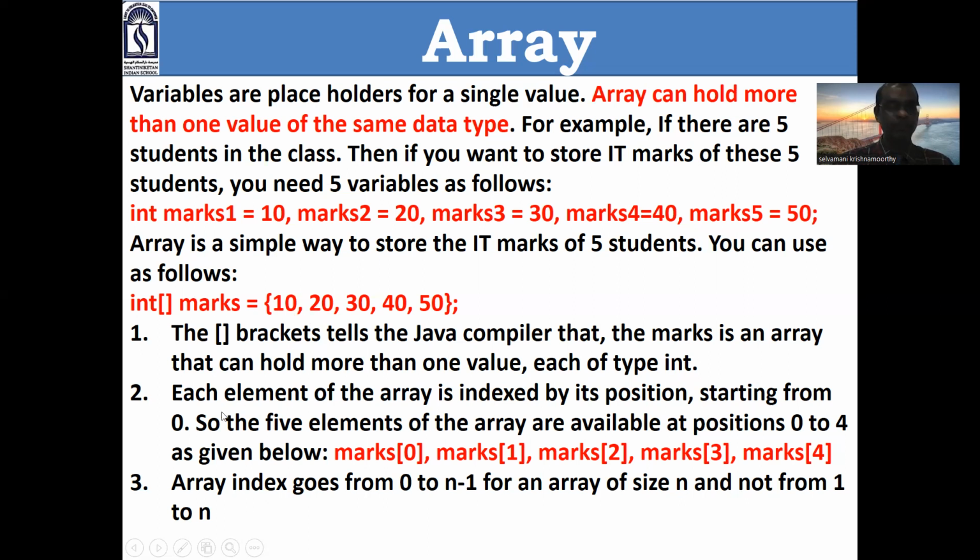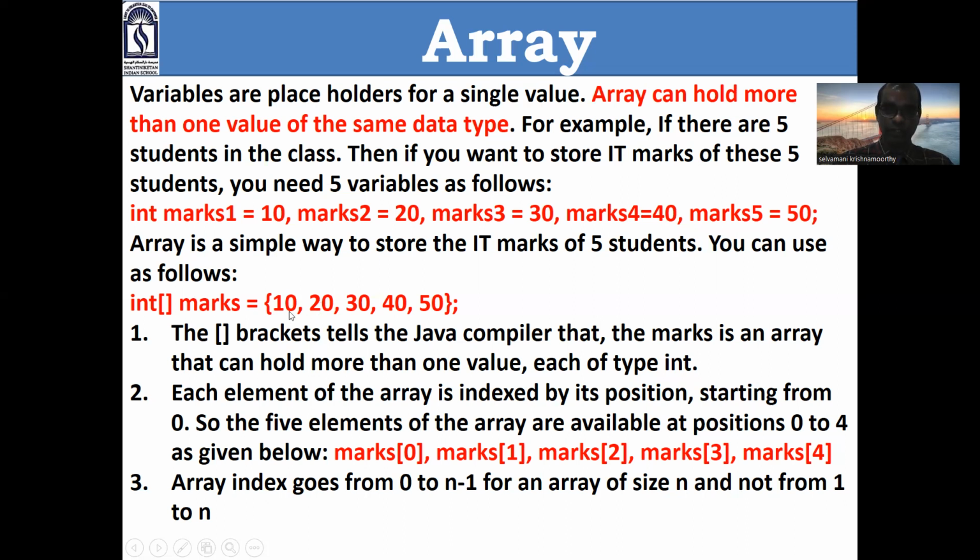Go to step number 2. Each element of an array is indexed by its position, starting from 0. That means the first element's position is not 1. Clearly understand? The first element's position is not 1. It is available at the 0th location. This is at 0.